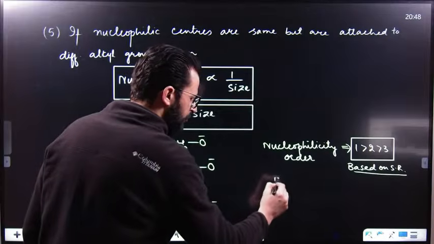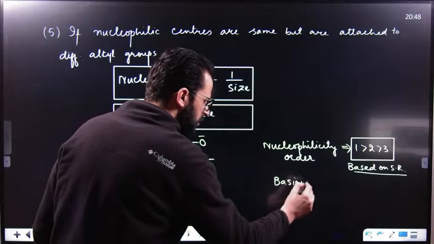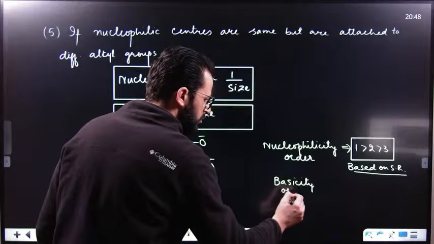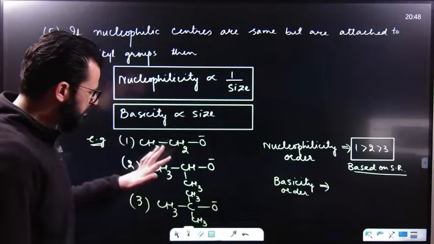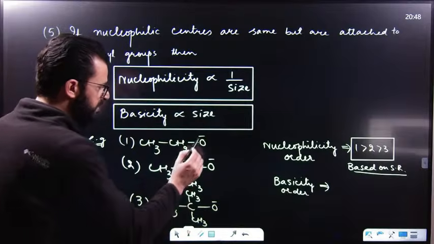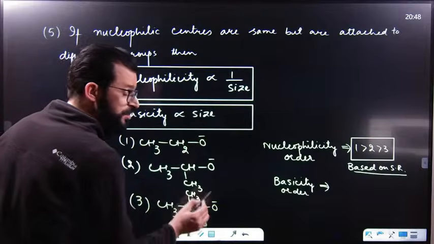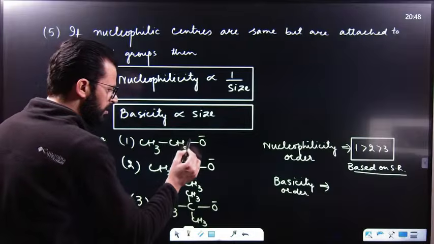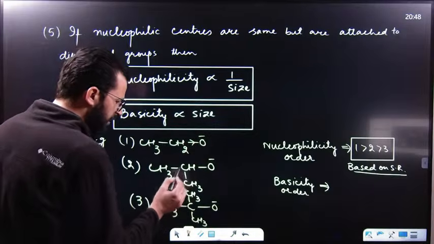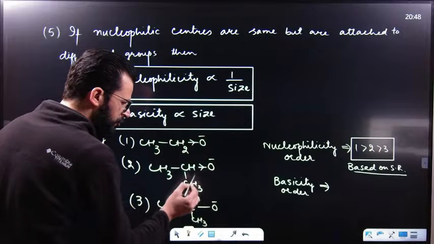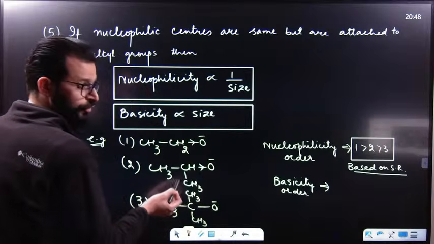Now, what about basicity order? Basicity order is not dependent on steric repulsion. Hence, we simply see whose oxygen is more electron rich. This ethyl will donate its electron and its oxygen's electron density will increase. But this alkyl will donate more electron, as it has a stronger plus I effect.